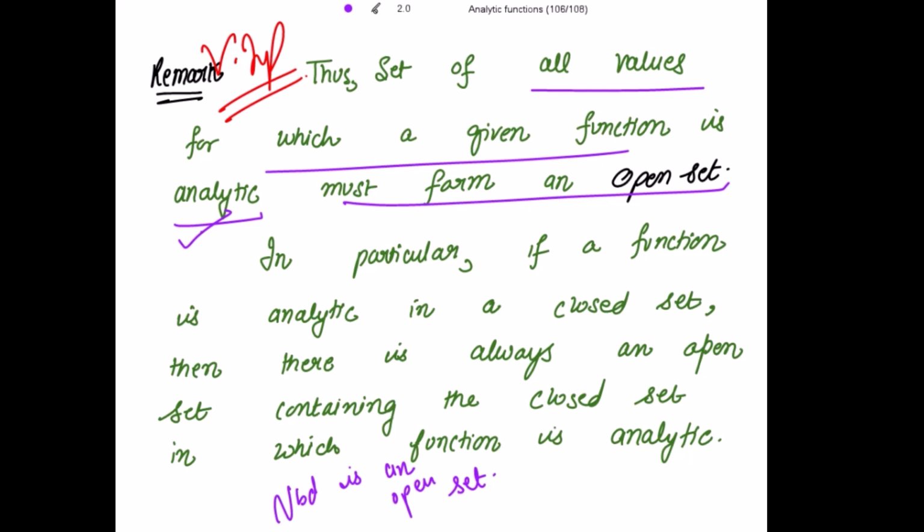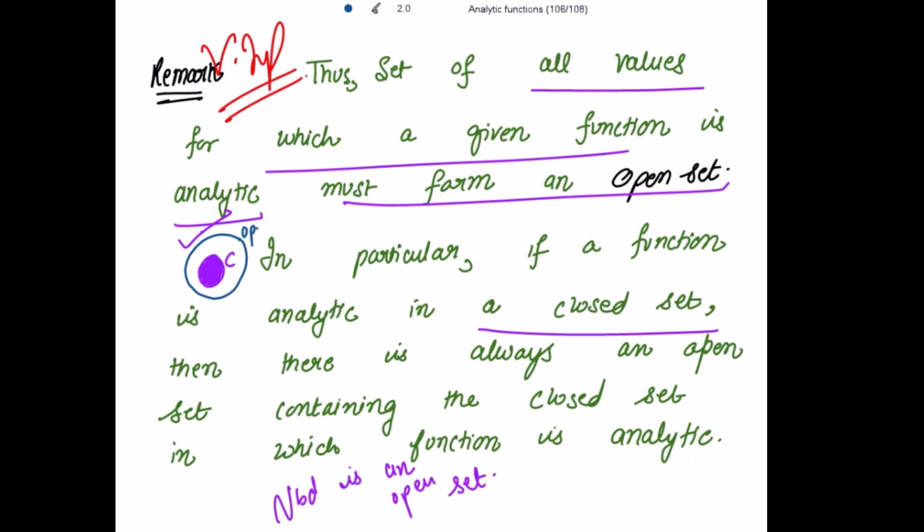In particular, if the function is analytic in a closed set, suppose this is your closed set C, then there is always an open set that contains this closed set in which the function is analytic.